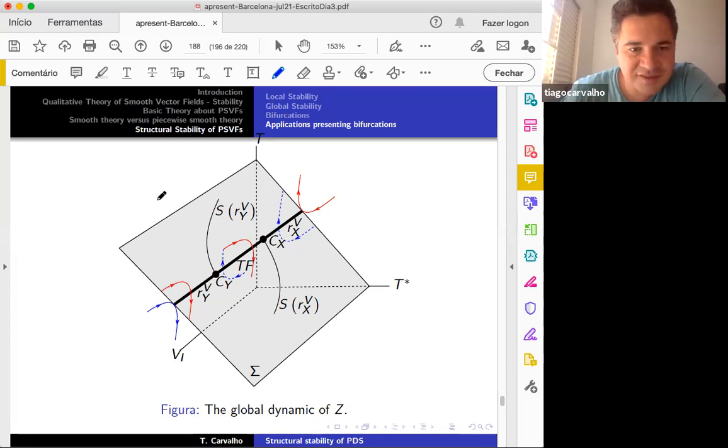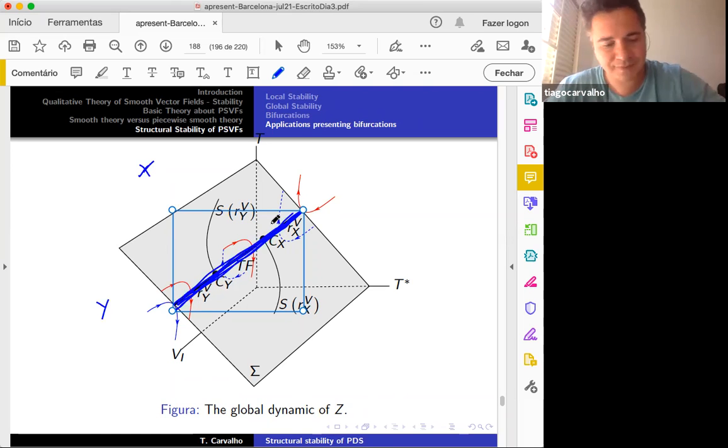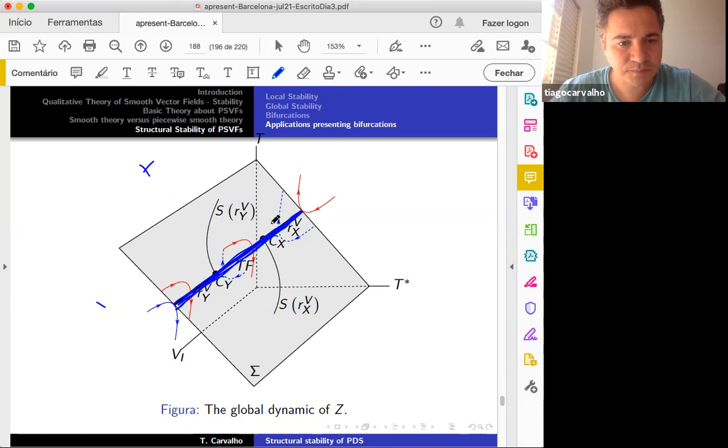In this case, the tangential set of both systems are the same line. Okay, both systems, the X and the Y system, both of them have the same tangential line. Okay, the same tangential line.